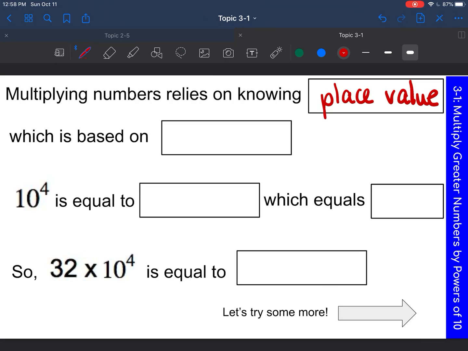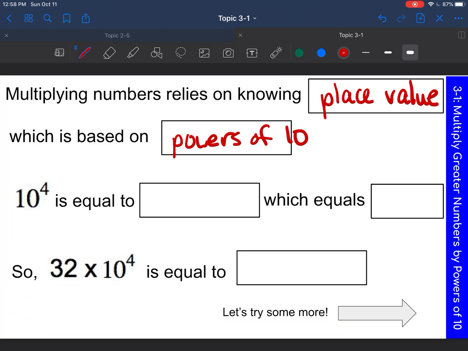Place value is based on knowing powers of 10.